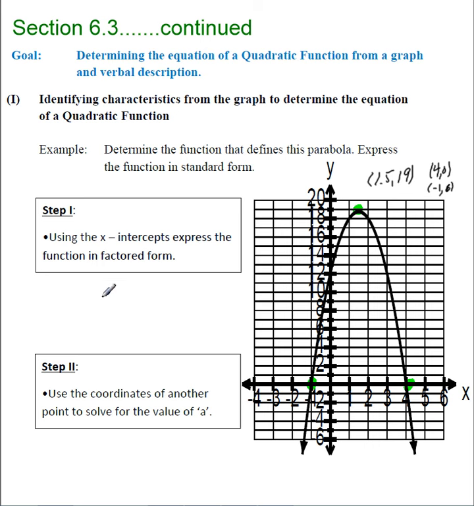So use the x-intercepts and express the function in factored form. So y equals a(x minus r)(x minus s), where r stands for one of the roots or intercept points, and s stands for the other. Now we don't have a value of a yet.